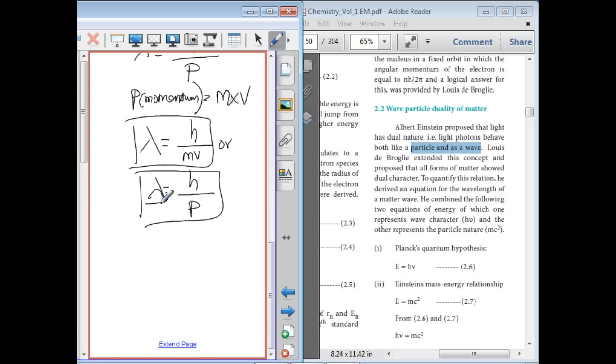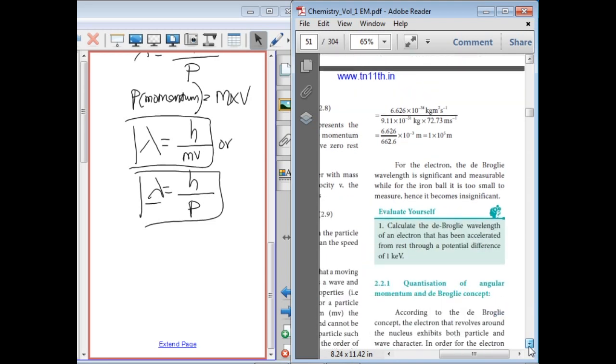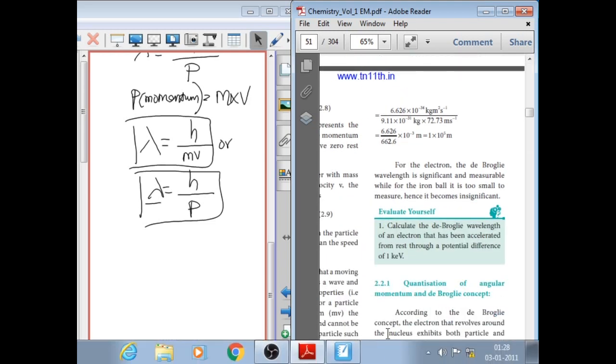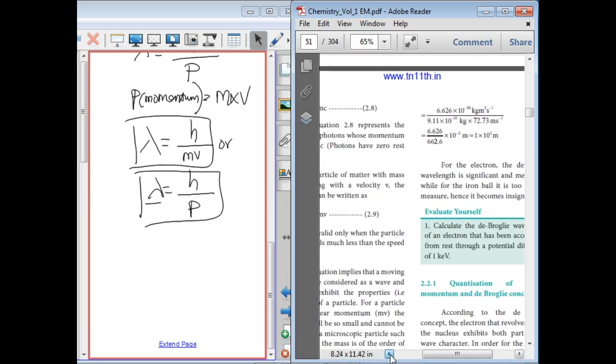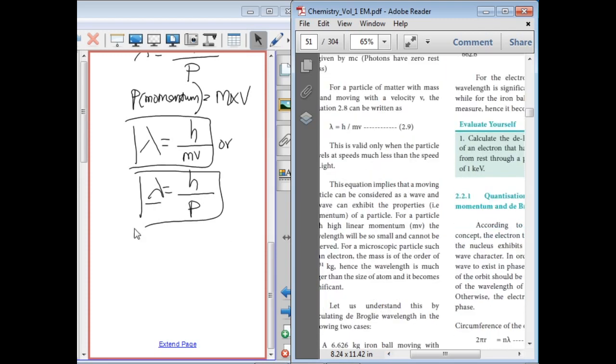This equation is valid only when the particle travels at a speed much less than the speed of light.